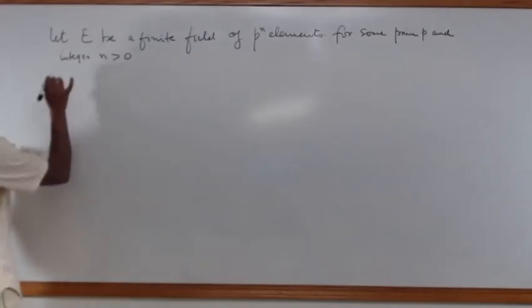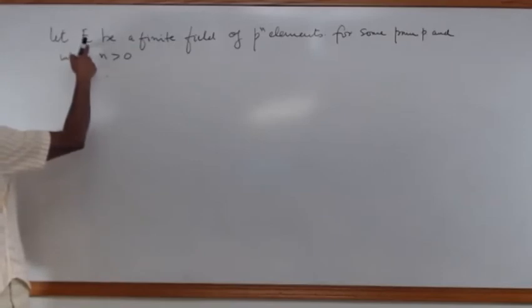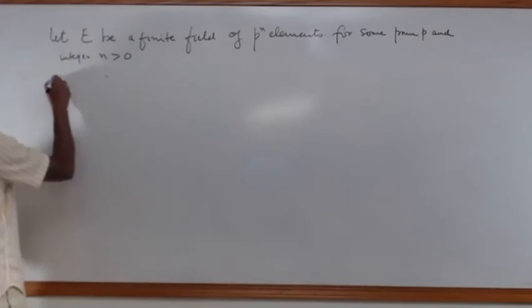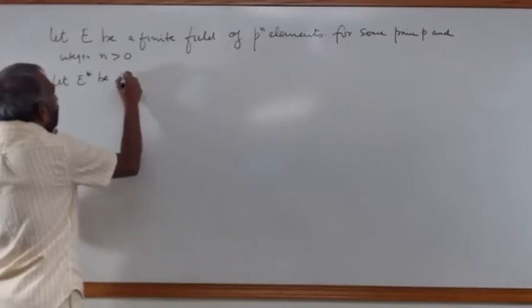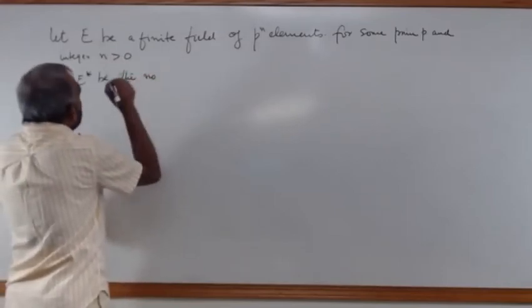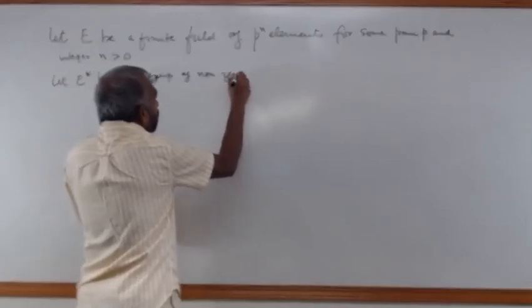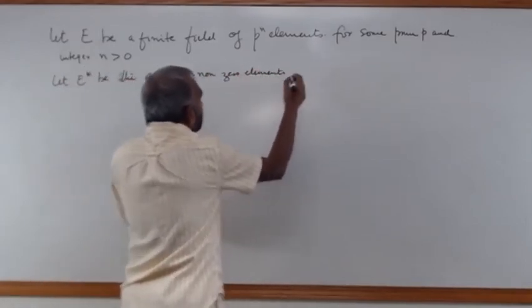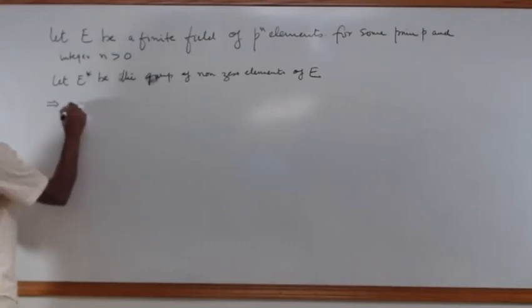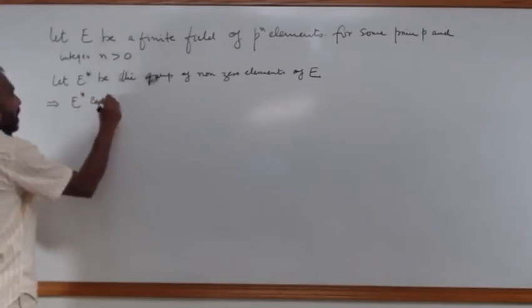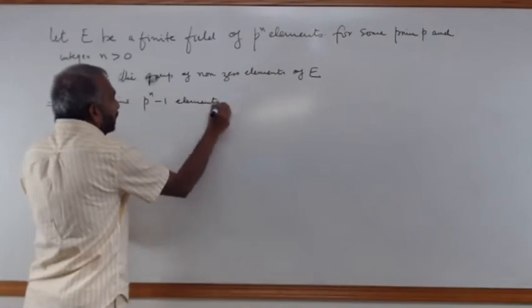So let us consider the multiplicative group of non-zero elements of E. So let E star be the group of non-zero elements of E. That implies E star contains p to the power of n minus 1 elements.